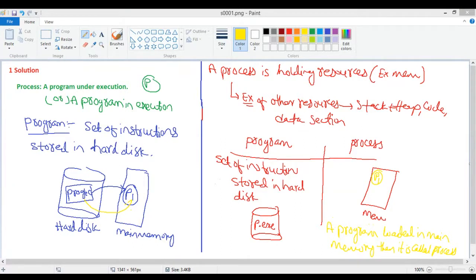Now I'm asking one question. At the side, you will find some polling. I have given one multiple choice question: what is stored in main memory? Please, all of you, give me the answer.